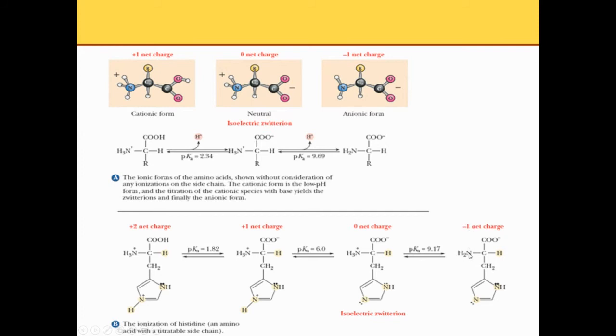If you obtain one proton, this proton doesn't go to the carboxyl group; it goes to the side chain, so that will be positive. Then you obtain another proton, and now it goes to the carboxyl group. That's because histidine has the titratable side chain, and that's why you have these different forms.